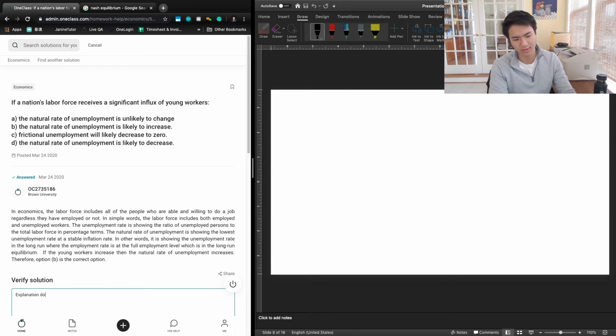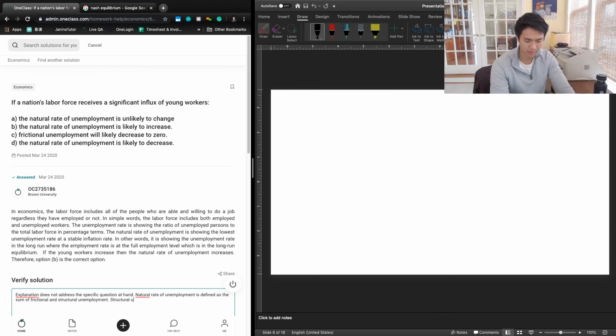Explanation does not address the specific question at hand. Natural rate of unemployment is defined as the sum of frictional and structural, no autocorrect please, unemployment.